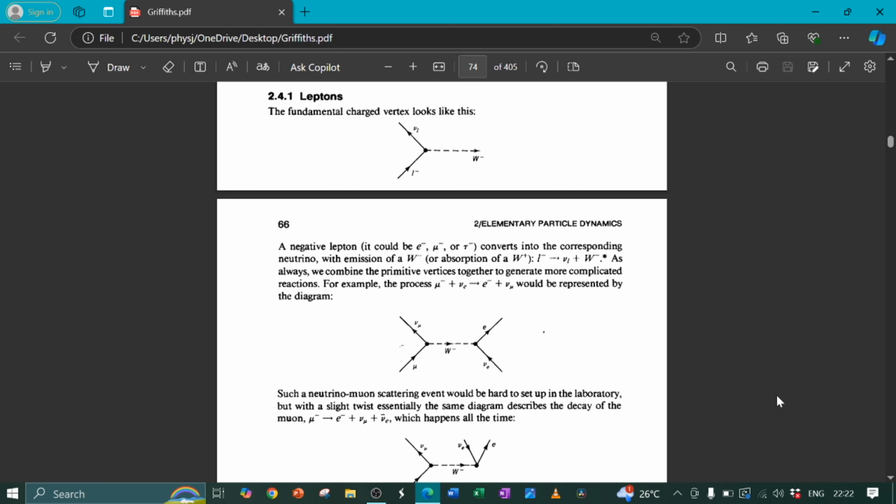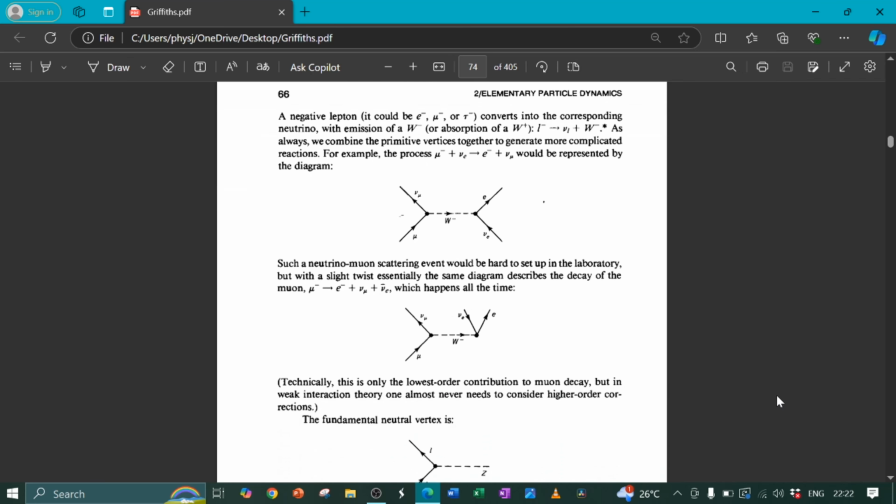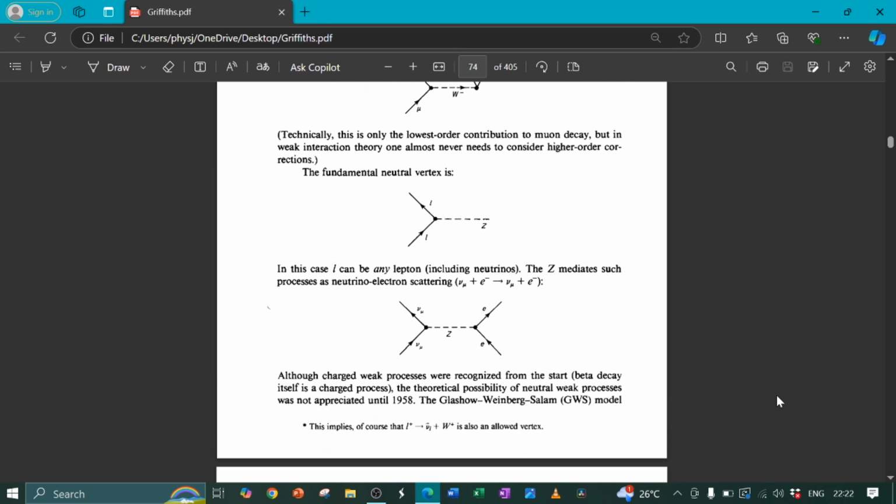Lepton negative goes to lepton neutrino plus W negative. This implies, of course, that lepton positive goes to lepton antineutrino plus W positive is also an allowed vortex.